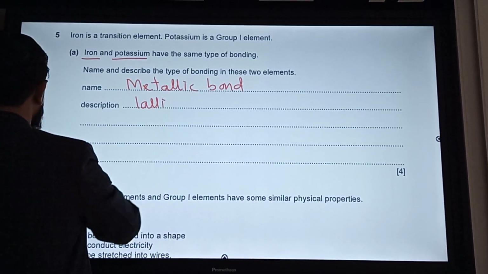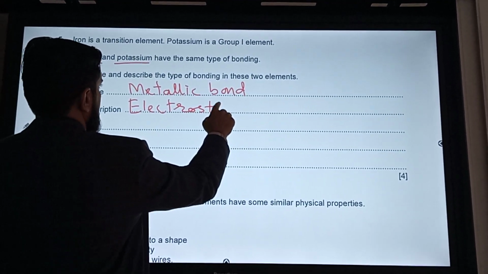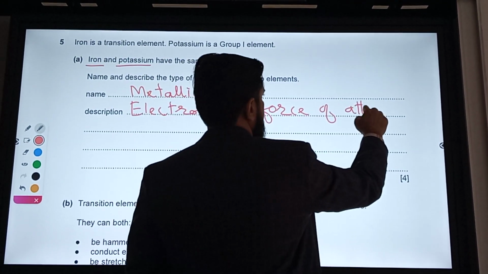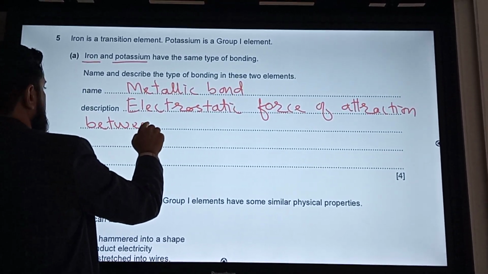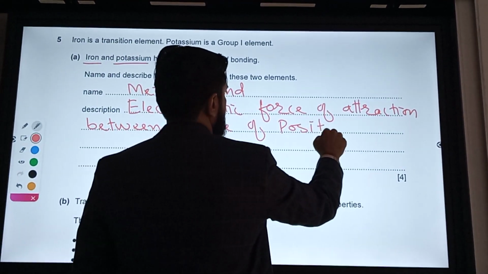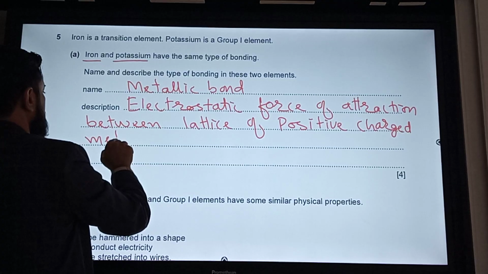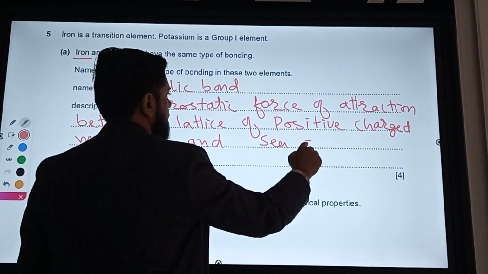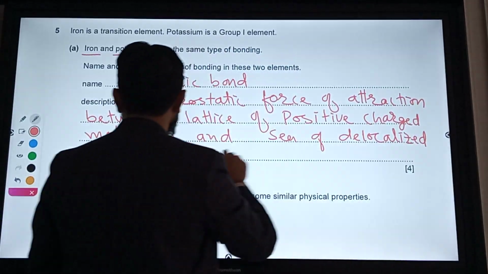Starting with electrostatic force of attraction between lattice of positive charge ions, positive charge metal ions or just ions, and sea of delocalized free electrons.